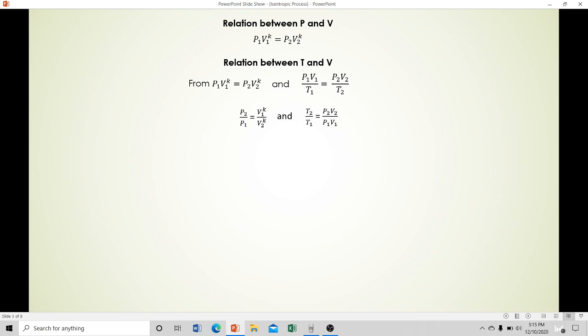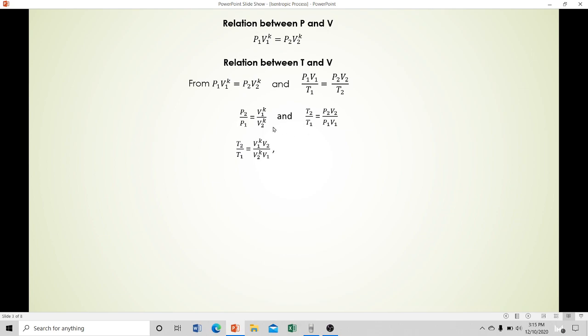So we rewrite this as P2 over P1 is equal to V1 raised to K over V2 raised to K. Then we cross multiply or divide both sides. T2 over T1 can be rewritten in the form P2 V2 over P1 V1. And since P2 over P1 is equal to V1 raised to K over V2 raised to K, we can substitute this equation.